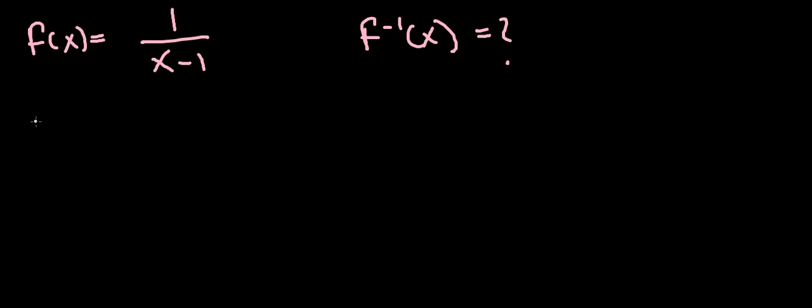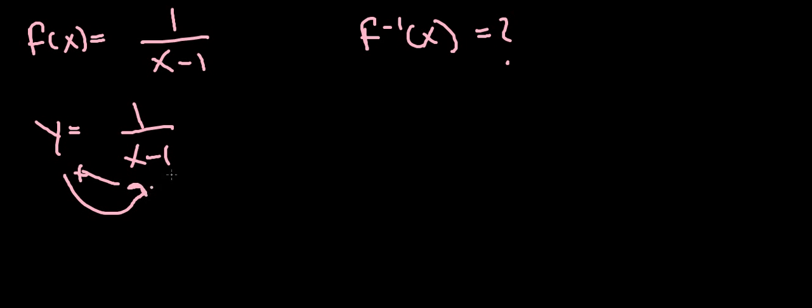So again, we start by replacing. It's easier to deal with this in terms of x and y, so I generally like to replace the function notation with y first, and then we trade the x's and the y's. So this would give us x is equal to 1 over y minus 1.